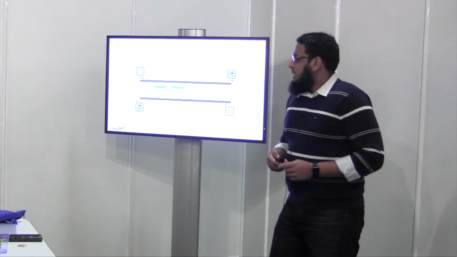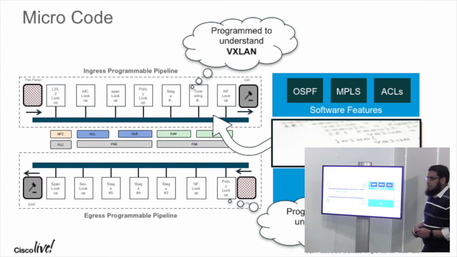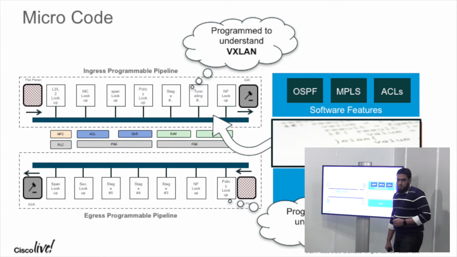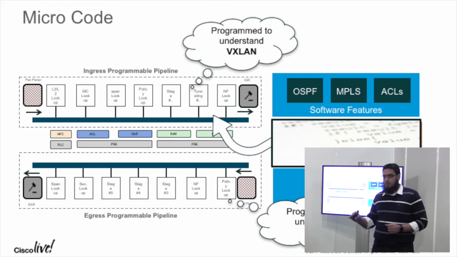Okay? Now, the question here is, how do we program these stages, right? That's where we have something called microcode. Okay? Microcode is the layer of code that sits very close to the ASIC, right next to the ASIC.